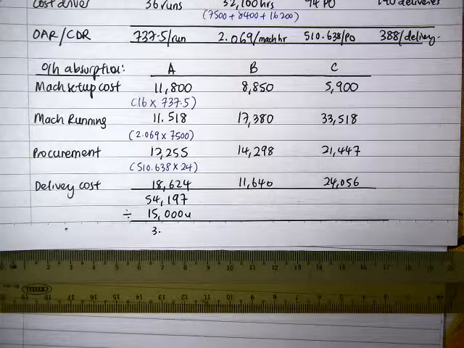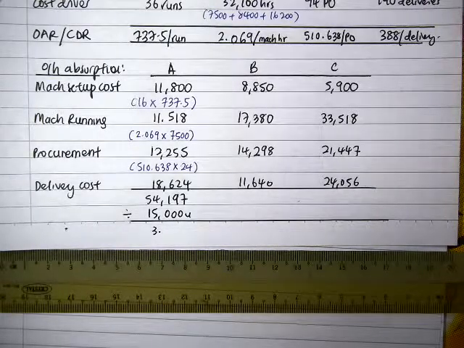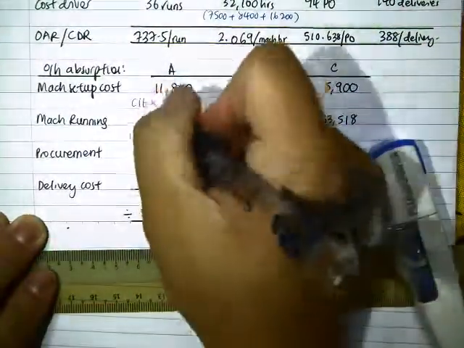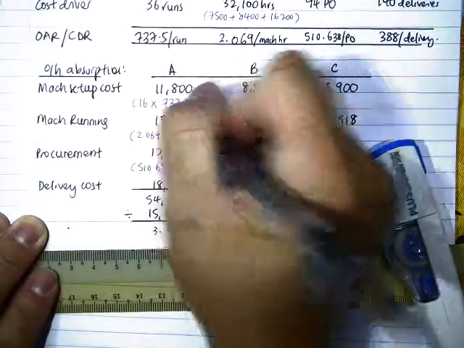Yeah, I made a mistake here. Why is my number so small? Okay, the machine running is 15518.